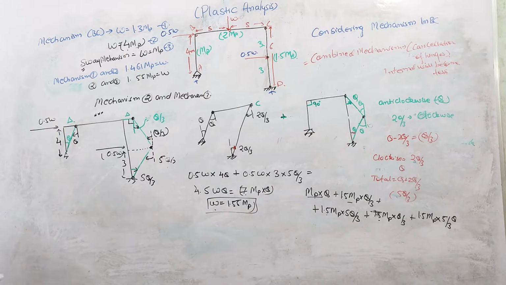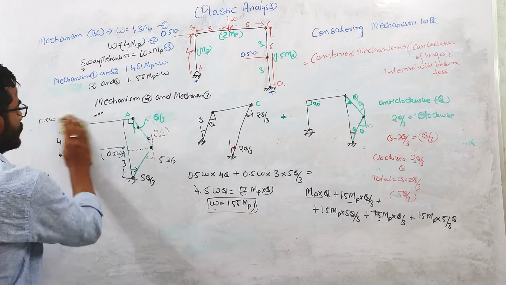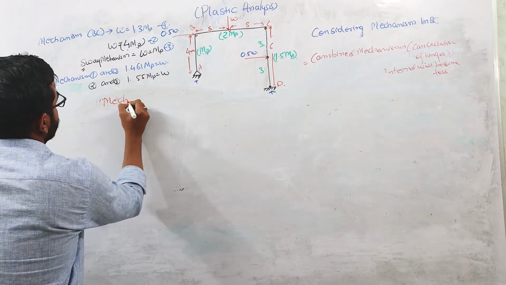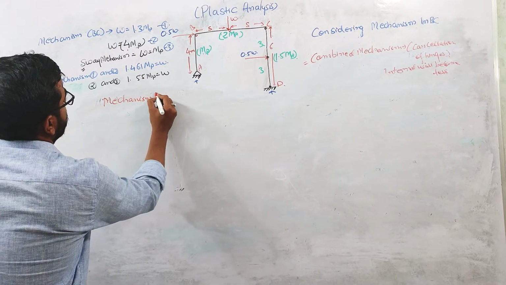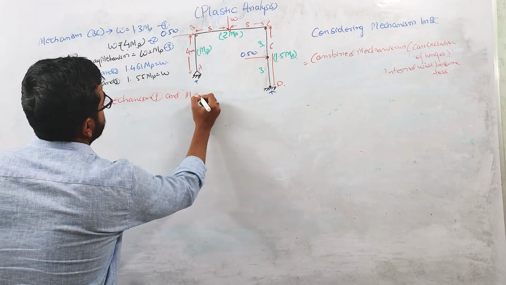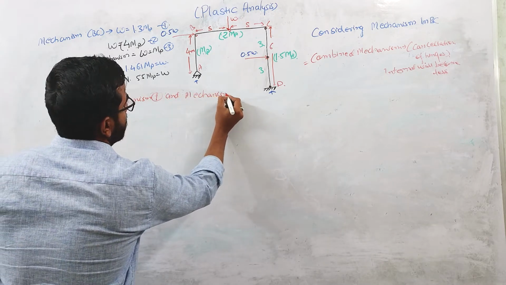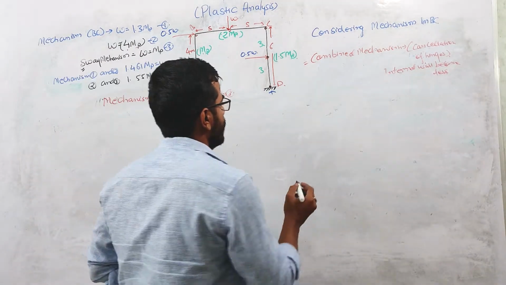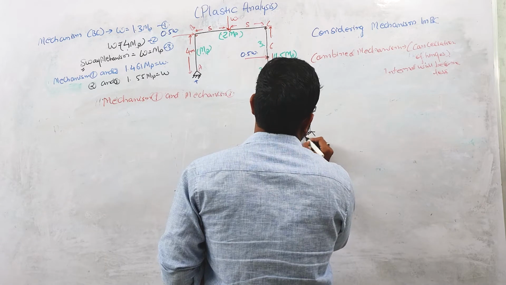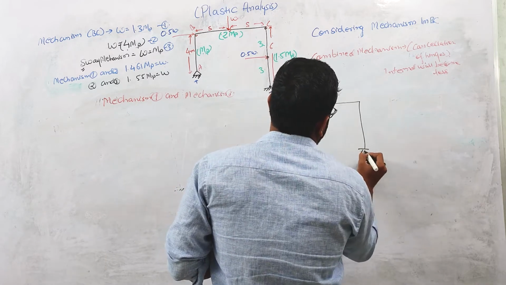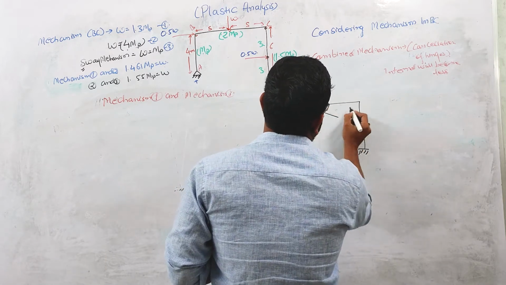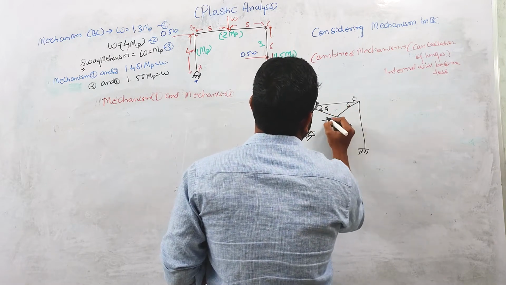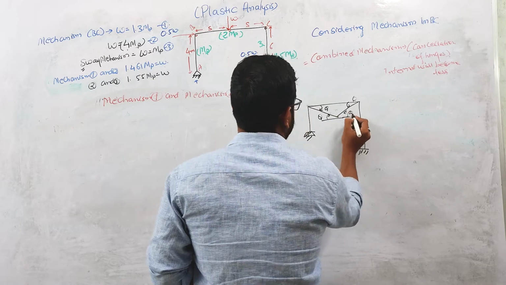Now let us combine mechanism 1 and mechanism 3. Okay, so now let us see what the mechanisms are. In mechanism 1, the plastic deformations were looking like this in the beam. This is theta, and this is theta, this is theta, right?